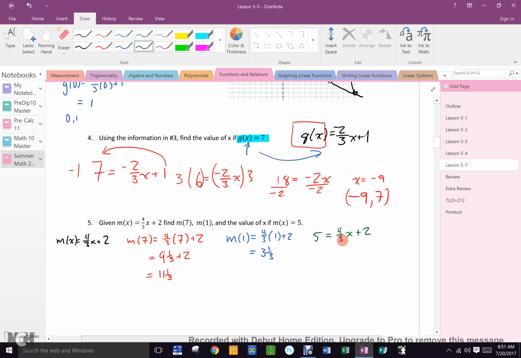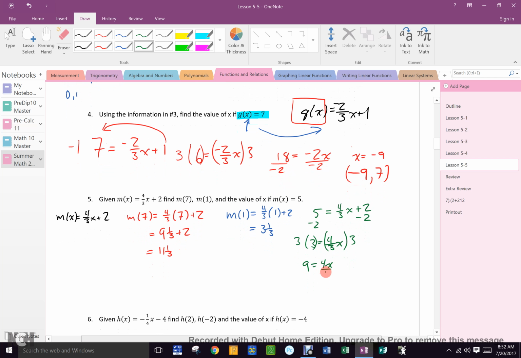So I'm going to subtract 2 from both sides, right? So what does that get me? 3 equals 4/3 x. Now what? Times by 3, because I want to get rid of divided by 3. So 9 equals 4x. Now what? Divide by 4, and x equals 9/4. Can everybody do that? Yes?